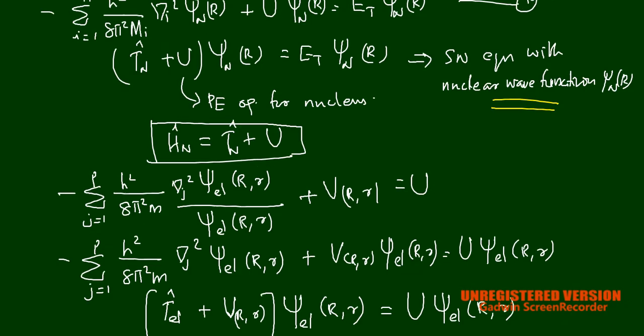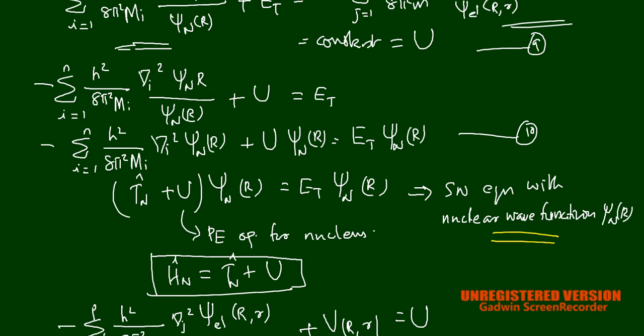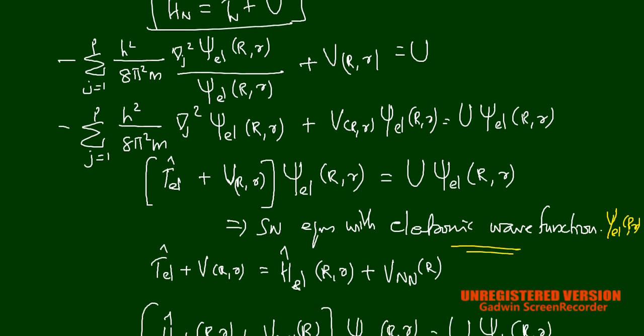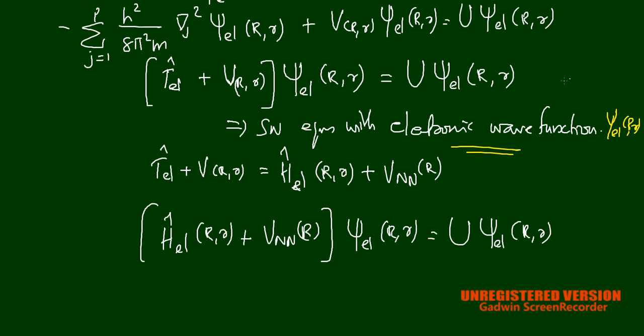Okay, so where did we give the numbers? So this was equation number 10, and let me write this as equation number 11, and I will give this as equation number 12. Okay, so equation number 12 is H cap electronic R R plus V N N R, psi electronic R R is equal to U into psi electronic R R. So let us examine this equation number 12. Let us examine a little bit of detail of this equation number 12.